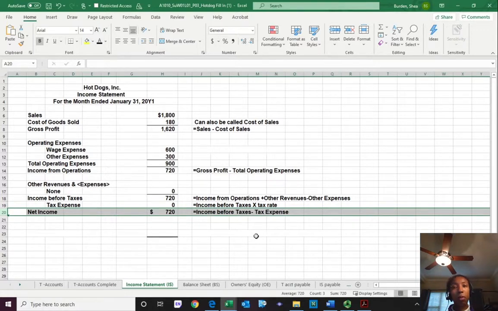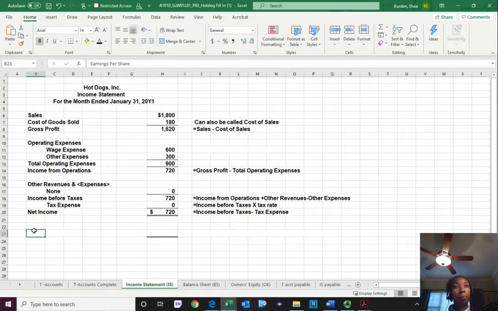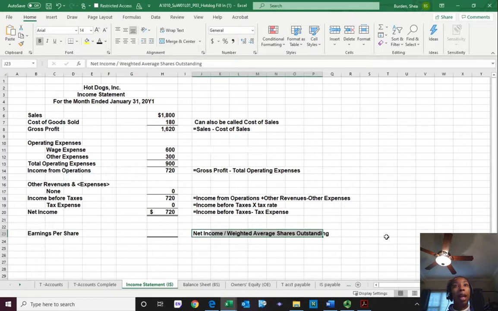$720. The next thing is going to be earnings per share, the last item that goes on your income statement. And it's calculated as net income divided by weighted average shares outstanding. It's trying to show what portion of income is related to each of your shareholders.